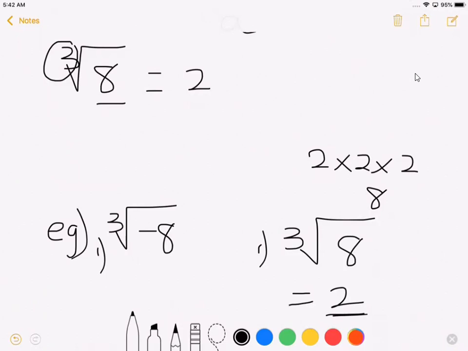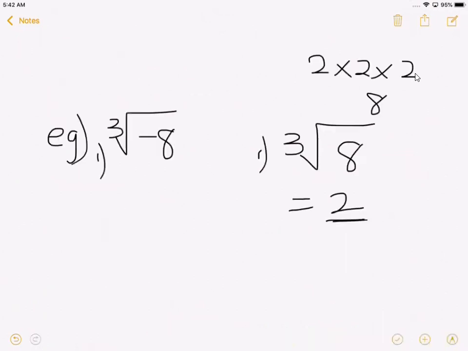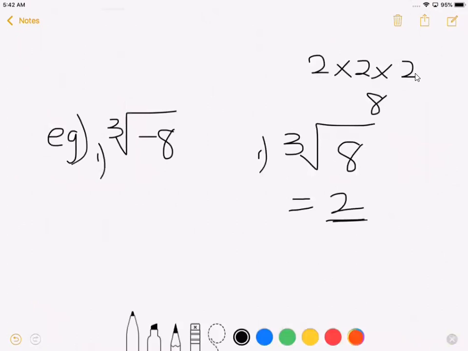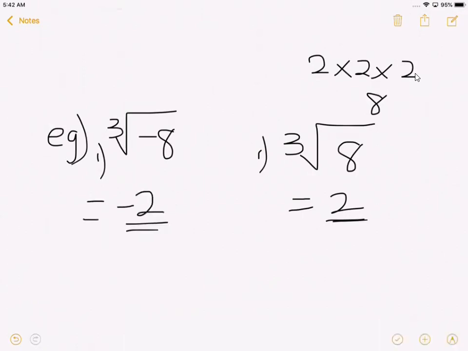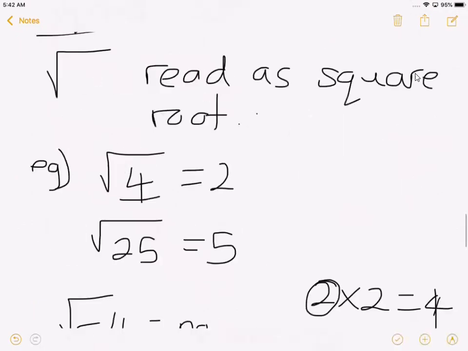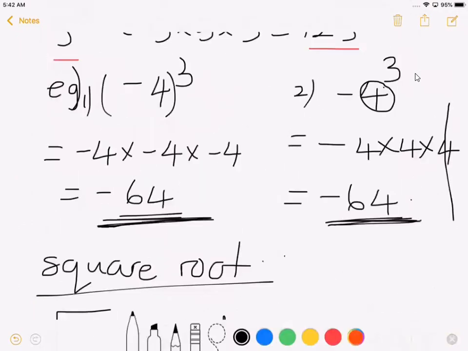But we said there is no square root of a negative number. What about the cube root of a negative number? The cube root of -8 is going to be -2. Like I said, we are going to need this later. If you multiply -4 by itself 3 times, you get -64.